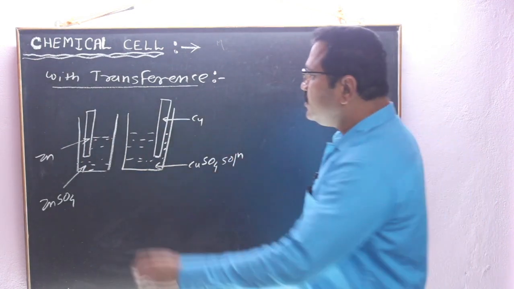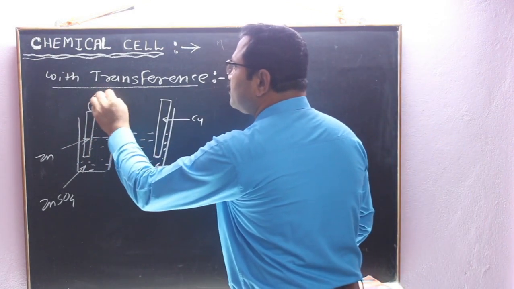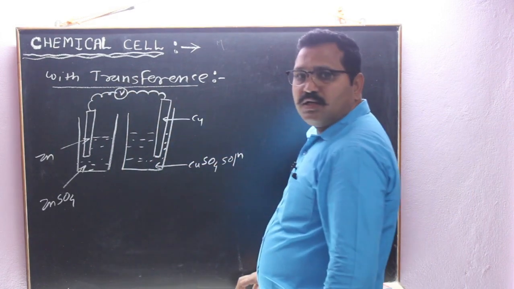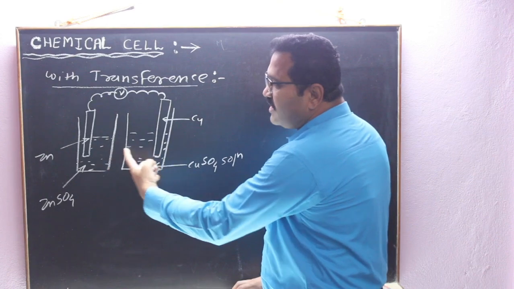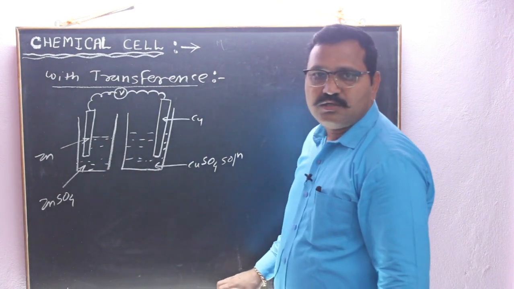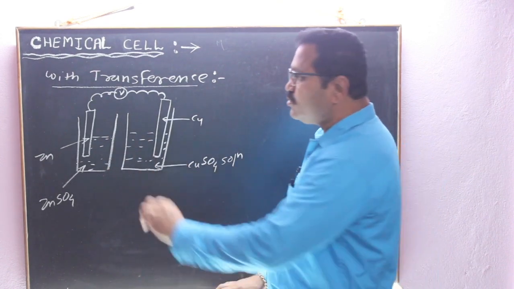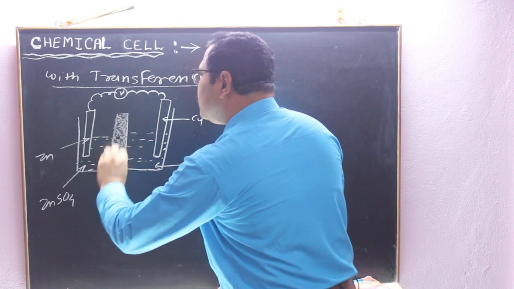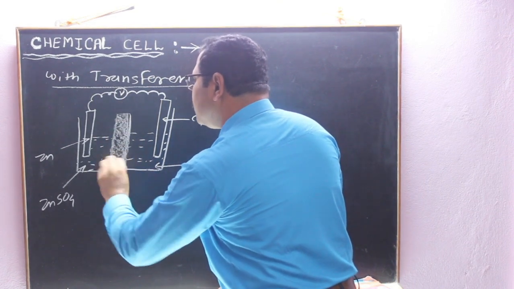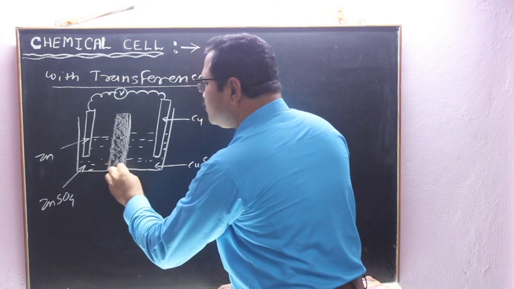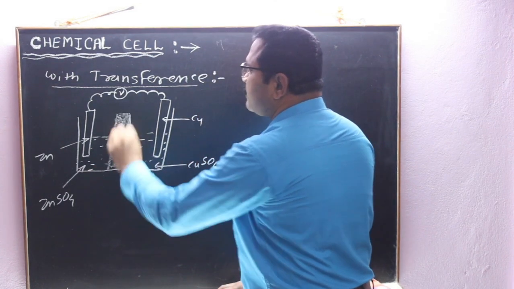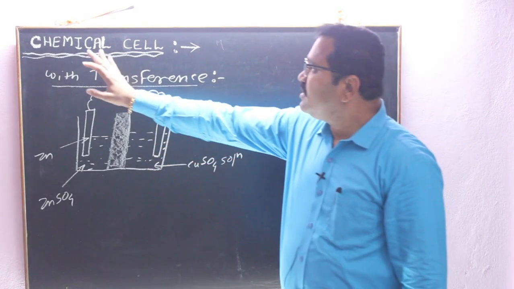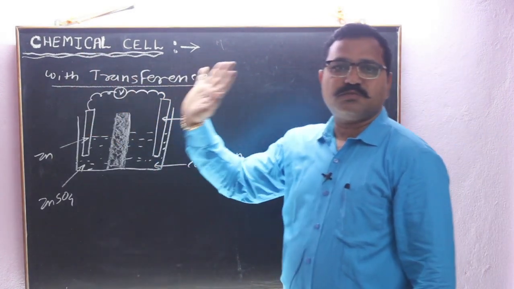These two electrodes are connected through an external circuit, and the two electrolyte solutions are connected through a porous partition. This is the construction of a chemical cell with transference.